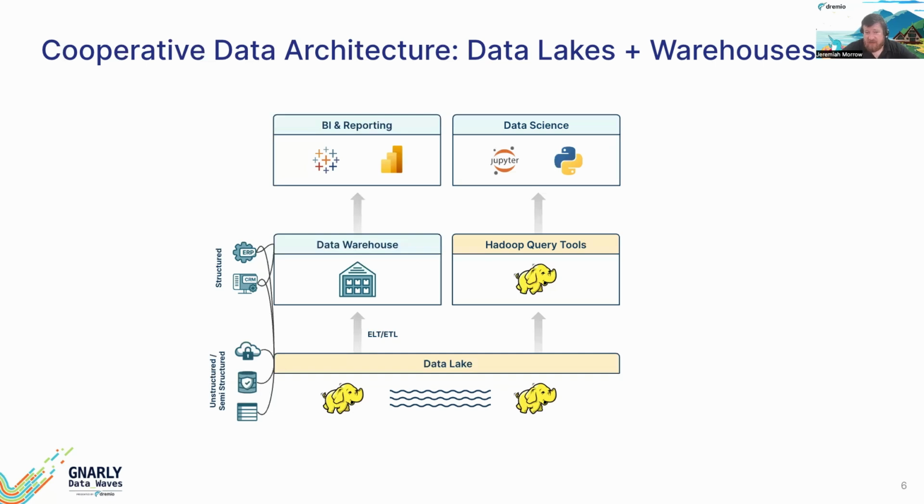That's fine at a small scale, but over time, this architecture takes a lot of work and effort to maintain, especially as more of the data that we need for BI and reporting lands first in the data lake. And those ETL and ELT processes begin to proliferate, and every new pipeline becomes another asset that the data team needs to manage and maintain in order to deliver on data access.